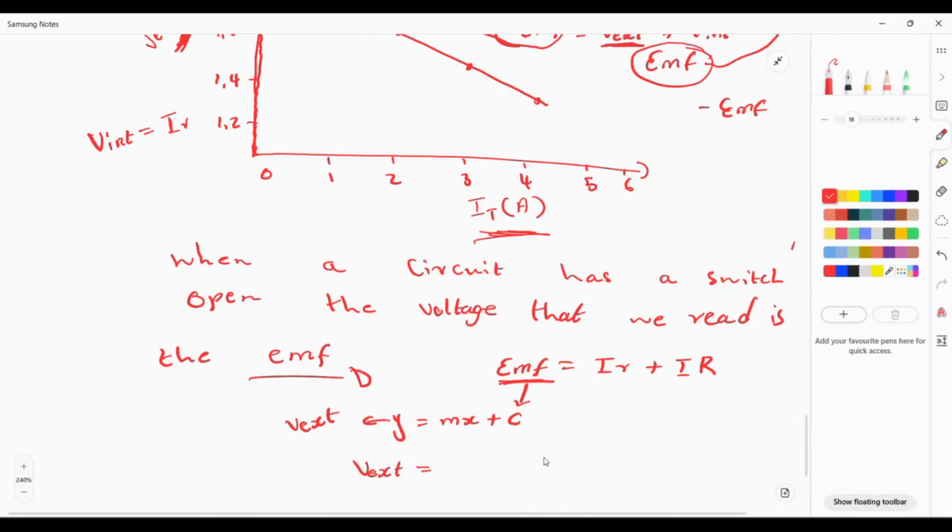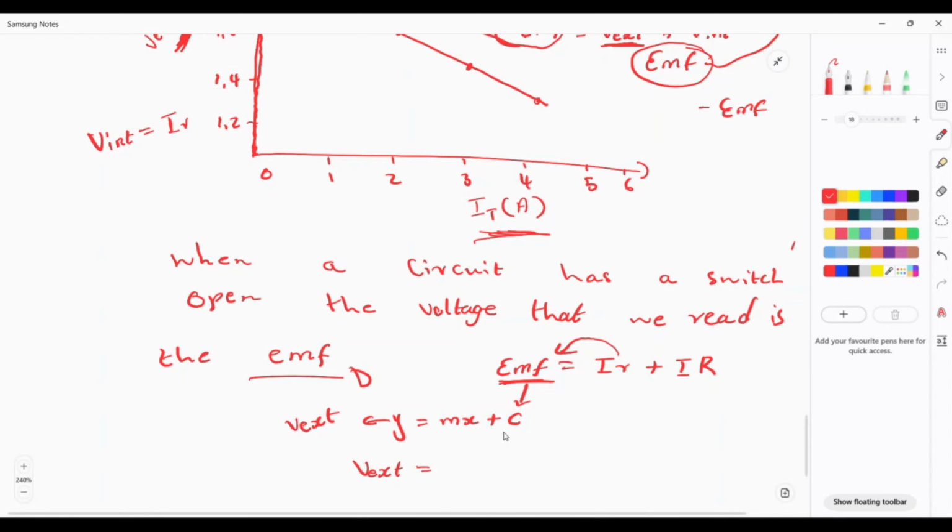In order to rearrange this equation in a good way, I'm going to transpose I and small letter r to the other side, and you will see that mathematically I'm going to have the equation.